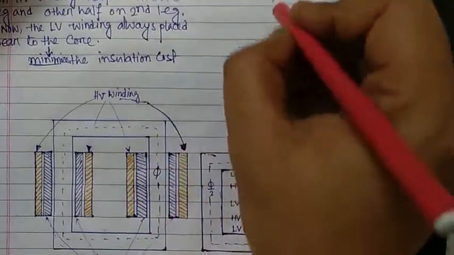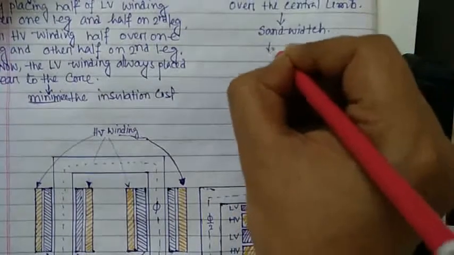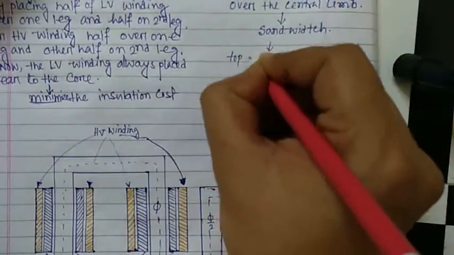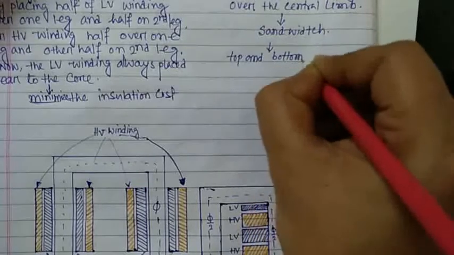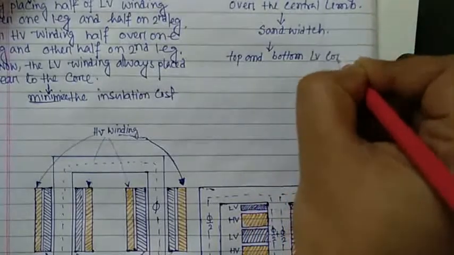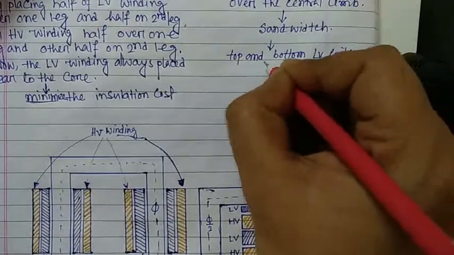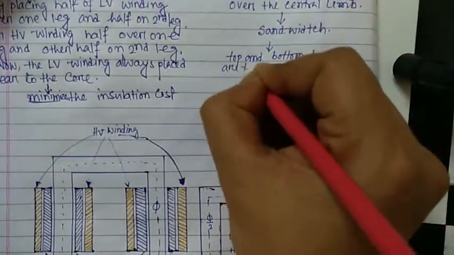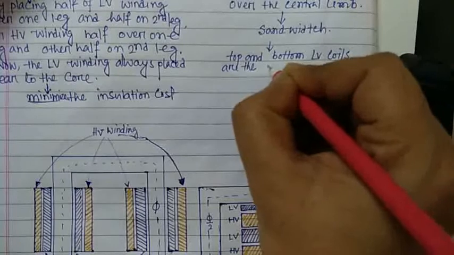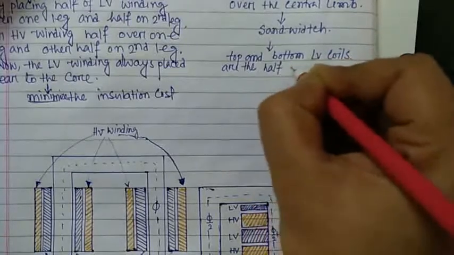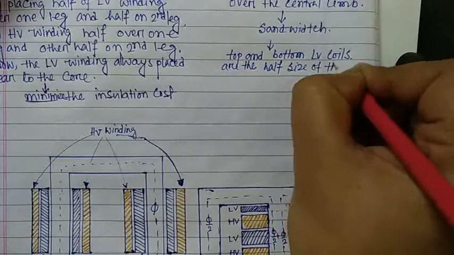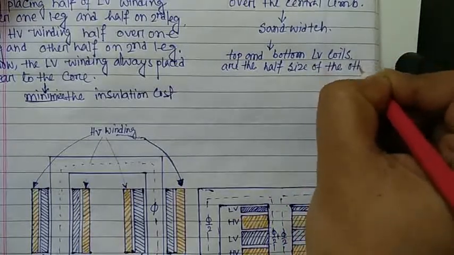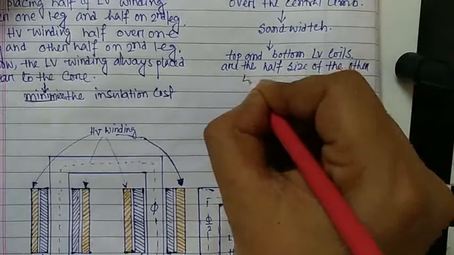Remember that the top and bottom LV coils are half the size of the other LV coils.